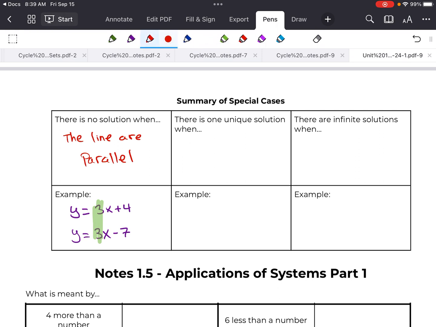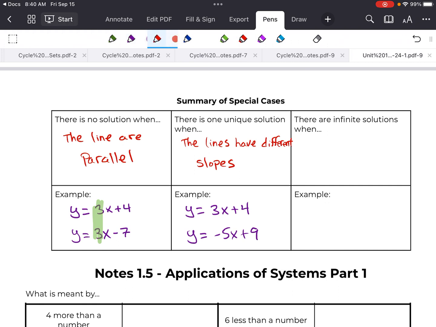There is one unique solution when the lines have different slopes. Okay, they can have the same y-intercept, but they have different slopes. There's going to be a point of intersection. So y equals 3x plus 4, y equals negative 5x plus 9.